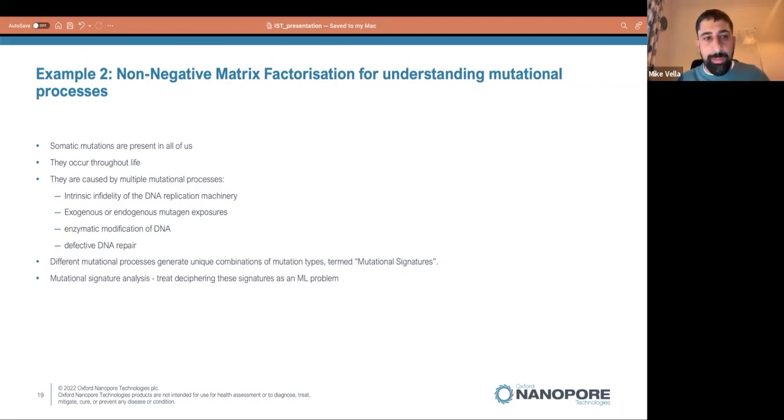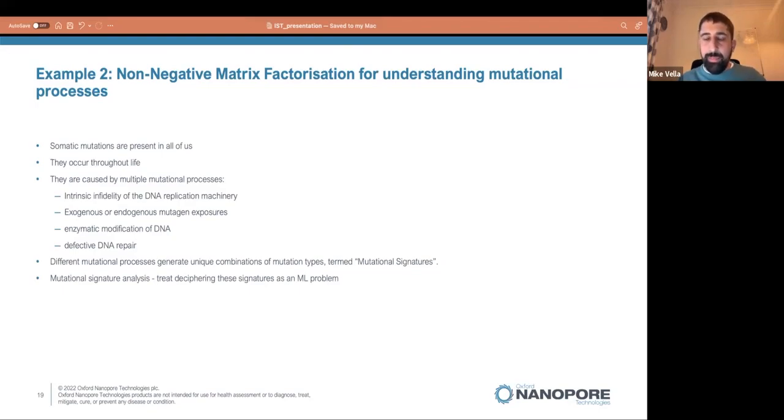They occur throughout life, and they're caused by multiple mutational processes, such as the infidelity of DNA replication machinery, mutagen exposures, things like smoking or alcohol are known to cause somatic mutations, defective DNA repair, radioactivity. All these things cause somatic mutations, and each mutational process generates a unique combination of mutation types.